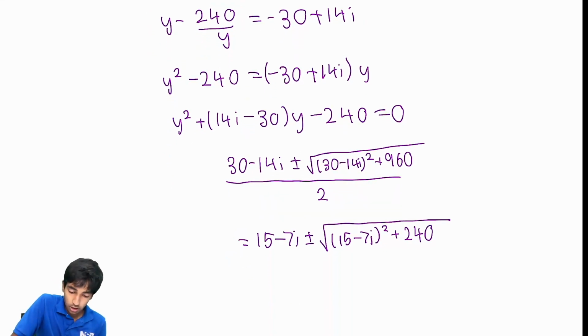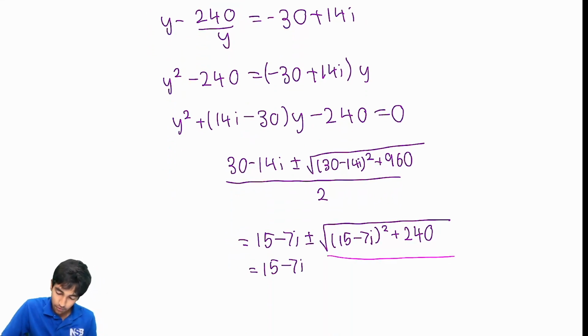And now it's just a little bit of... There's actually one tricky step left still. Never mind. So let's take a look here. Got this stuff. What is that? And what is that stuff inside? So 15 minus 7i squared equals 225. And then that would be minus 49.